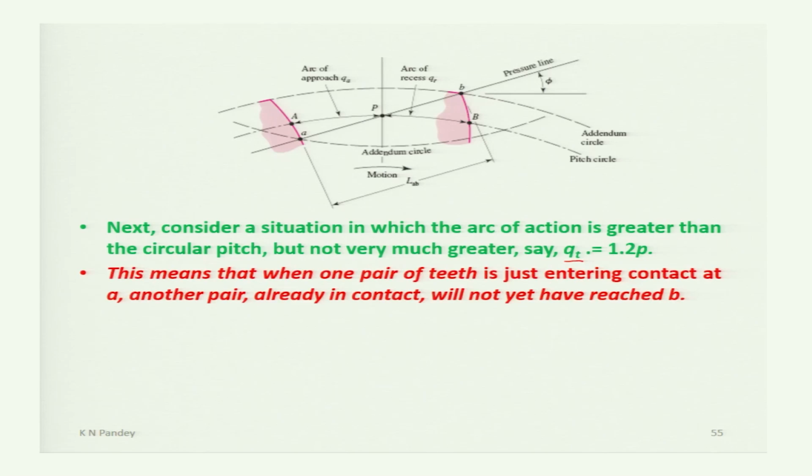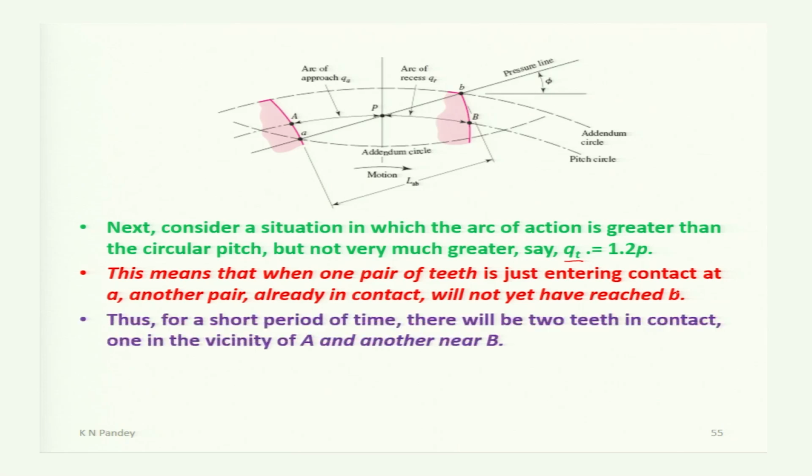In that case, when one pair of teeth is just entering contact at small a, another pair already in contact will not yet have reached b, and so at the start of contact another pair of gear teeth is also in contact. So the load will be shared by two gear teeth. Thus for a short period of time there will be two teeth in contact, one in the vicinity of capital A and another near capital B.